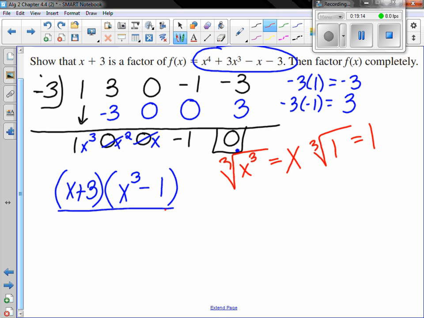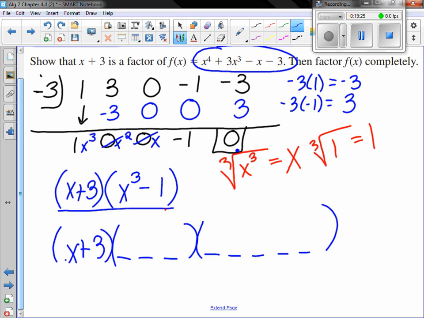So we get this here. So we can do our difference of perfect cubes. We'd still have the x plus 3. Now our signs would be the same, opposite, always end on a positive note.